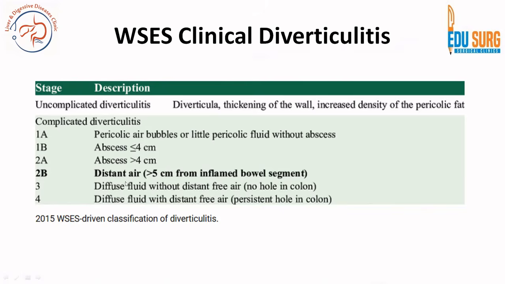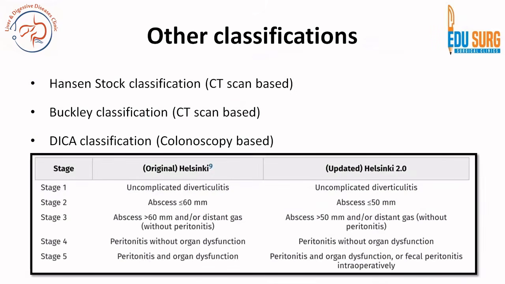So basically 3 and 4 are more or less the same, but 1 and 2 are different when it comes to WSES clinical diverticulitis.